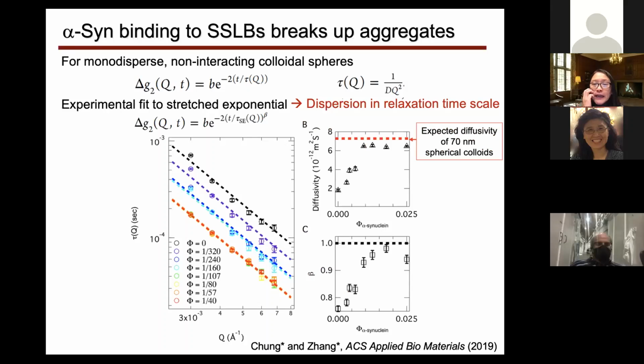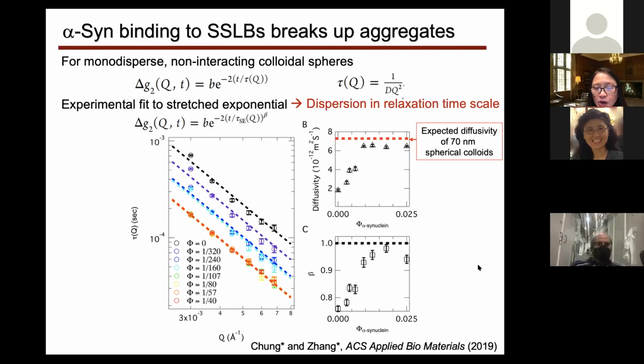If I were to analyze it to get back what the diffusivity is, the top graph here shows you that when I have the absence of alpha-synuclein, the entity that is diffusing through this volume behaves with a diffusivity as if it is a much bigger entity, because it's going much slower, and therefore has a longer correlation time.